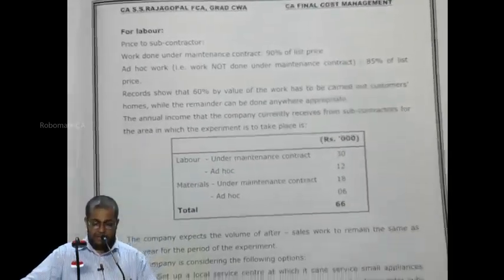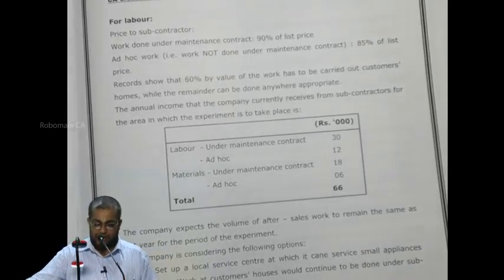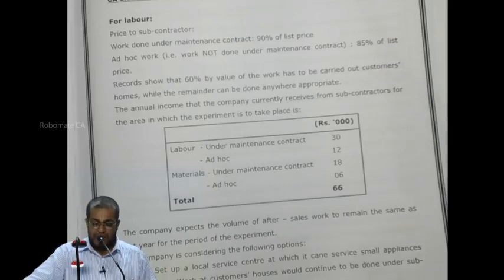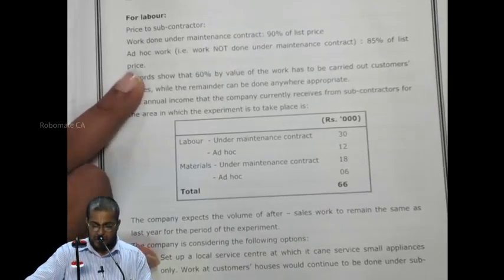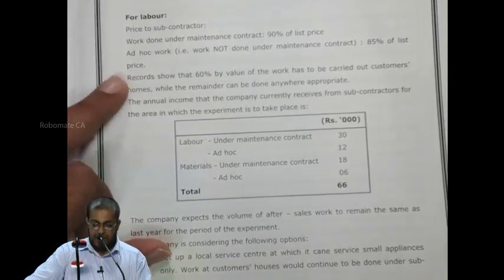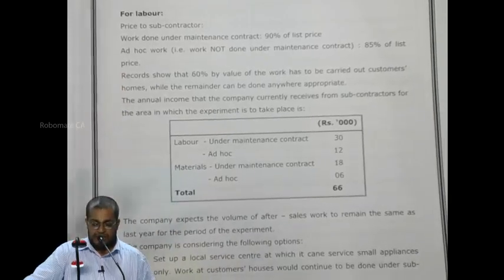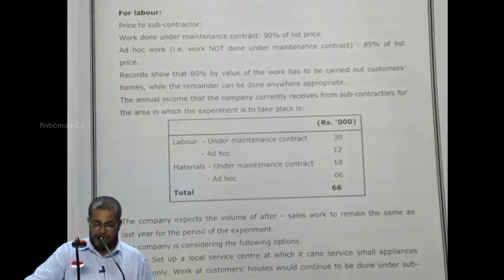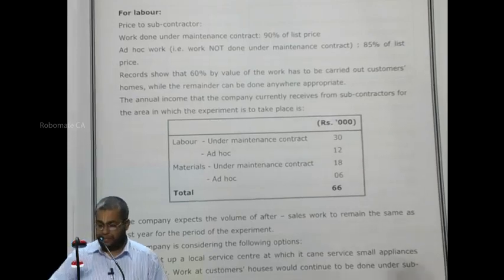For labor, price to subcontractor: work done under maintenance contract, 90% of the list price. Work done under ad hoc work, or work not done under maintenance contract, 85% of the price. Records show that 60% of the value of work done has to be carried out at customers' homes, while the remainder can be done anywhere appropriate.